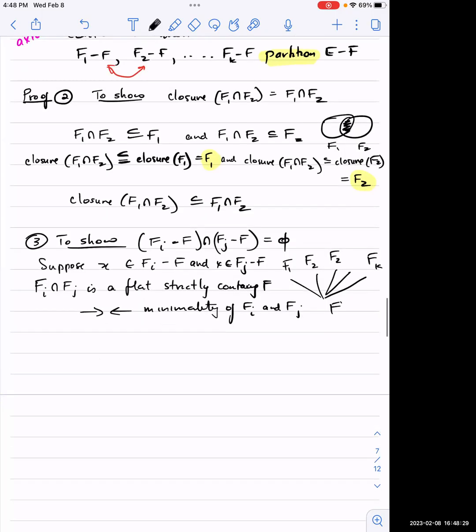Because if you've got something in the intersection of Fi minus F and Fj minus F, then Fi intersection Fj would be strictly containing F, and that's a contradiction to the minimality. Then the next thing is to show that the union of all the Fi minus Fs will be E minus F.